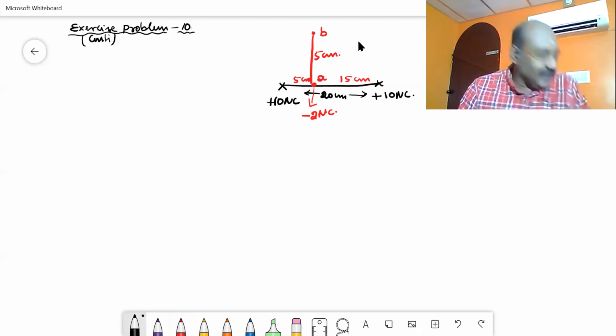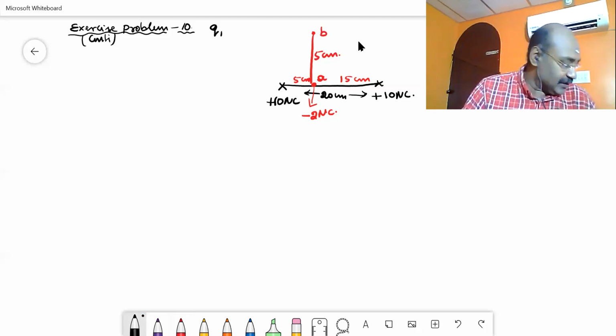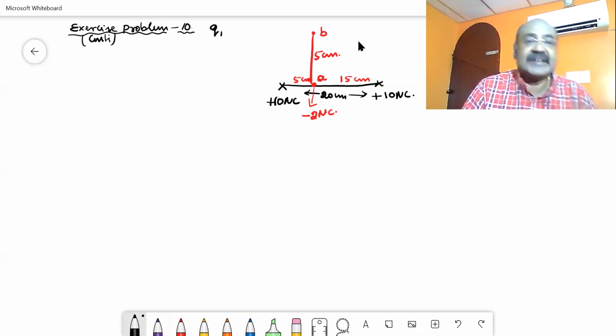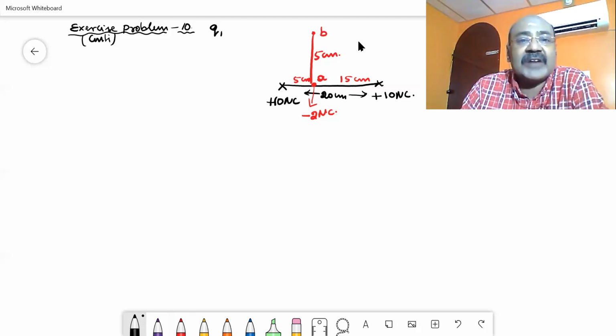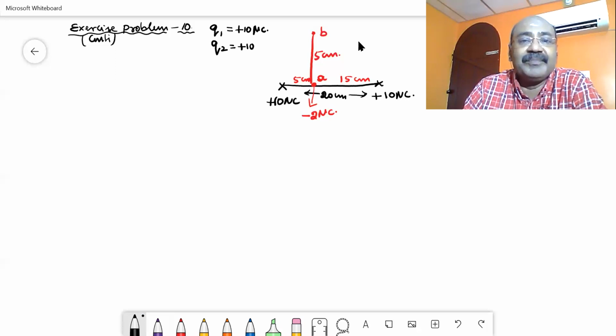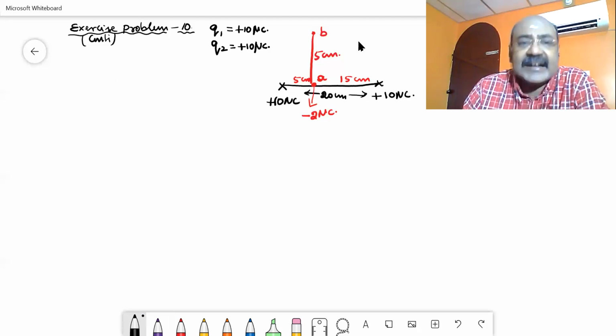See, let us consider the given data first of all. The charge Q1 is equal to plus 10 microcoulomb. And the charge Q2 is equal to another plus 10 microcoulomb. The charge being moved, let us call it small q, is equal to minus 2 microcoulomb.